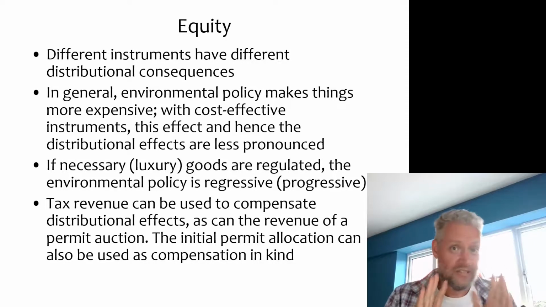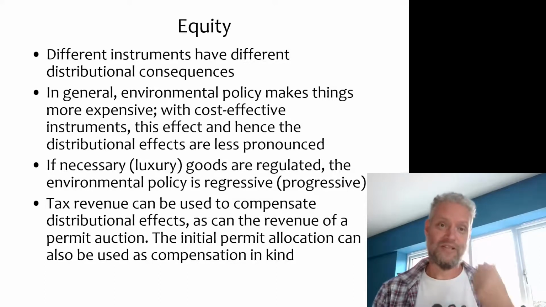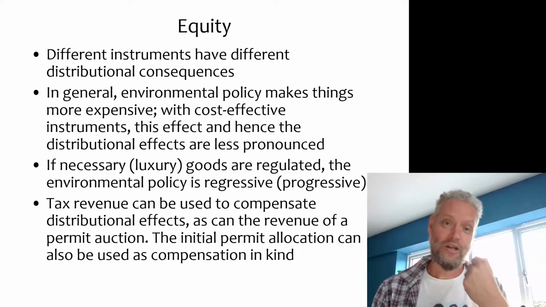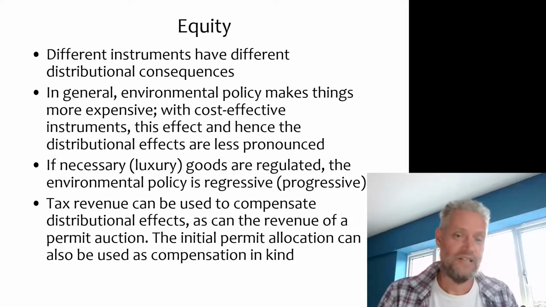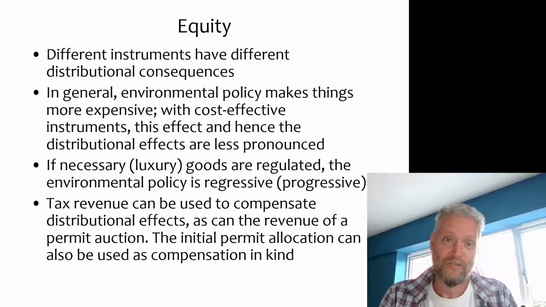And there's no escaping that. The good thing about taxes, tradable permits and subsidies is that you actually do things at the lowest possible cost. So the price rises of these necessary goods are lower with cost-effective instruments than with direct regulation. And that means that the distributional effects are less pronounced.